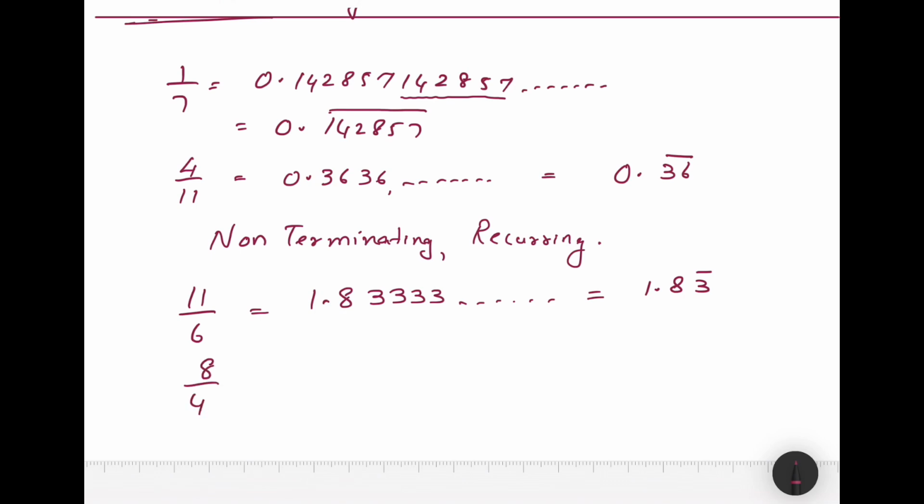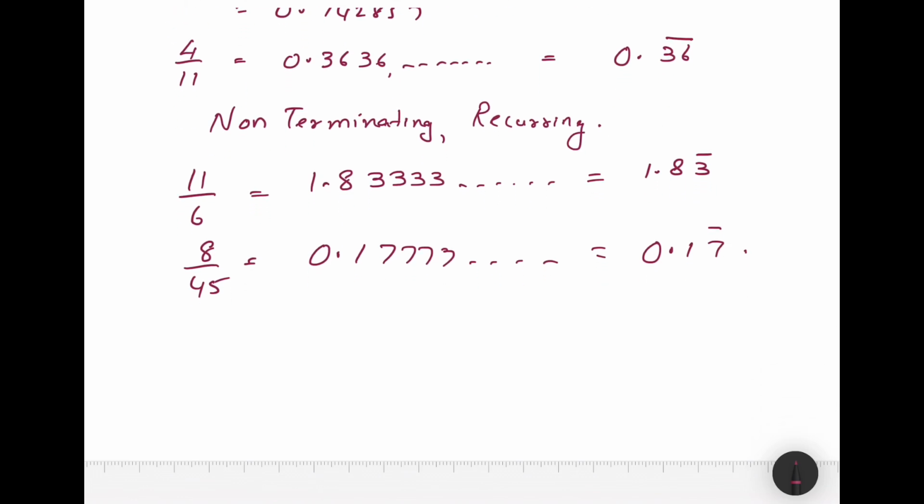8 by 45, it will be 0.17777, etc. So it is 0.17 with a bar on the 7. Another example, 11 by 24. You can get these values using normal long division. You will get 0.458, then 3333 will get repeated.